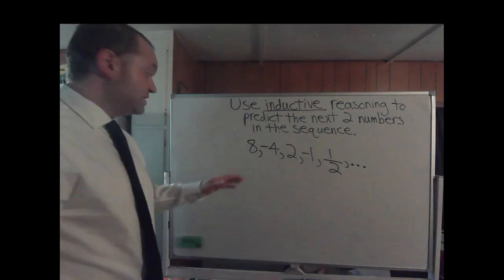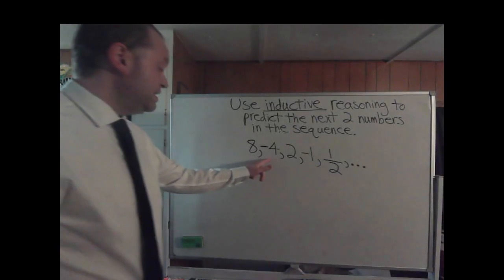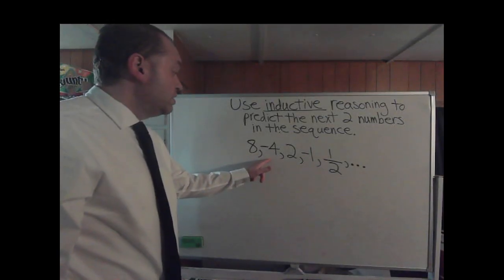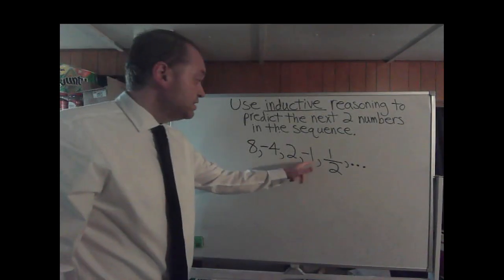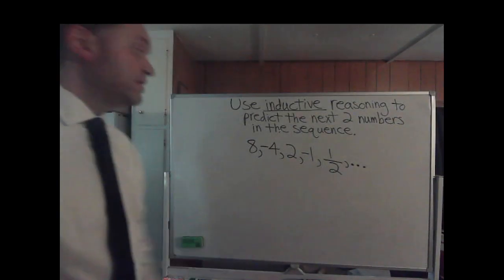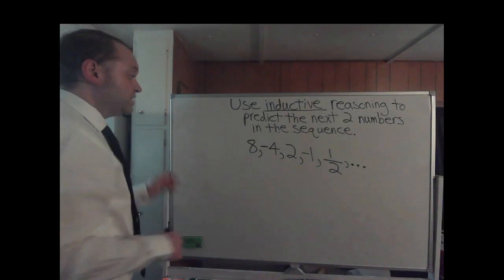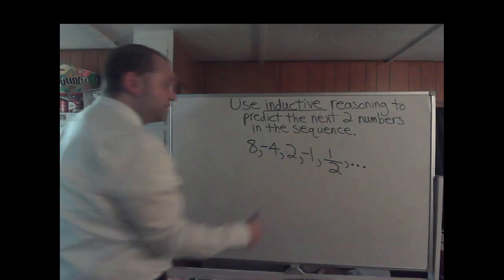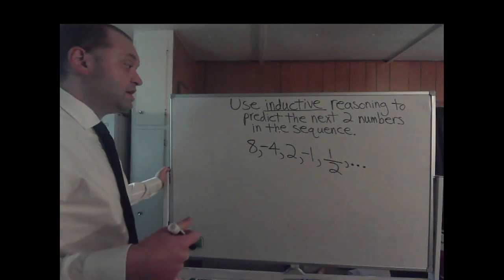So let's look at this sequence here. We have the first number 8, the second number -4, the third number +2, the fourth number -1, the fifth number +1/2. It looks like a mess at first, doesn't it? But it looks like between every single number, you're just simply multiplying by -1/2.